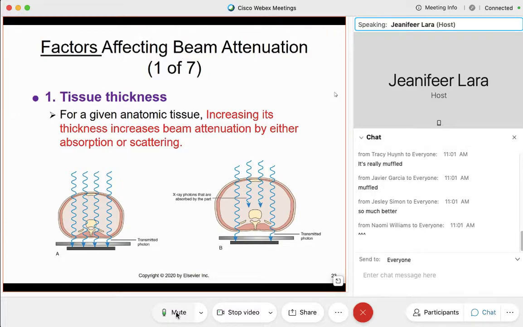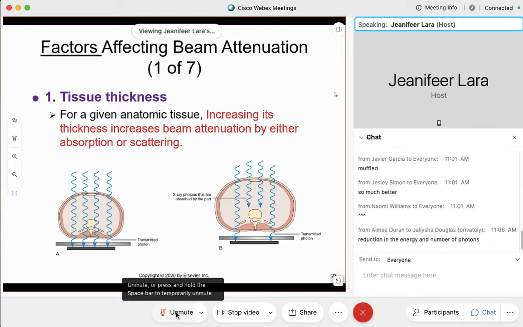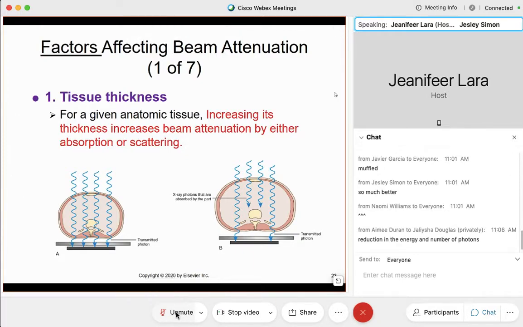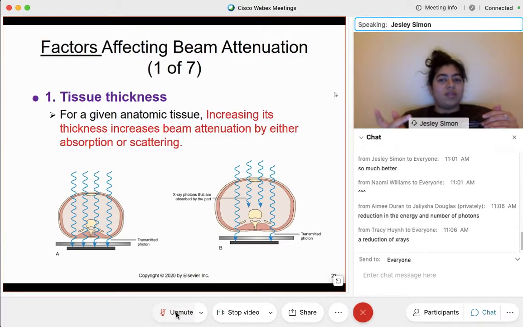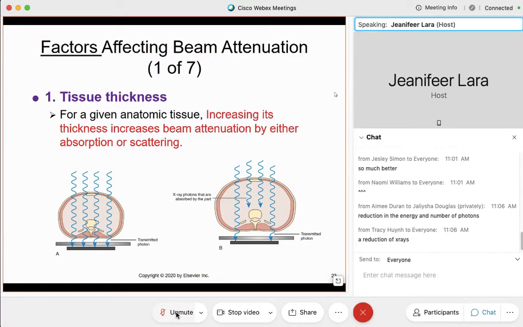What is our definition of attenuation? That's okay. Help her out, Jessley. The reduction of energy or X-ray photons? So it is the reduction of either the energy of the photons, meaning you can still have the same quantity, but you've just reduced their energy level, or you've eliminated some of the quantity from that beam.